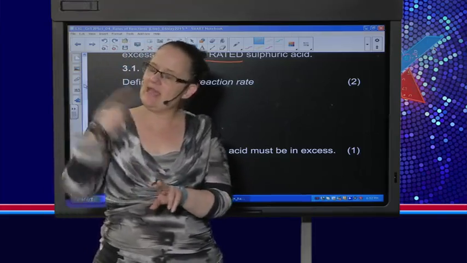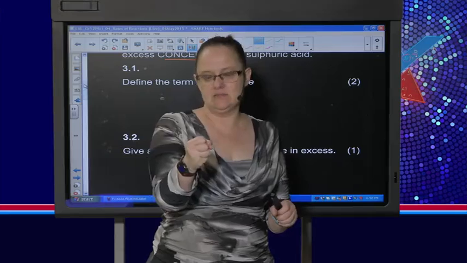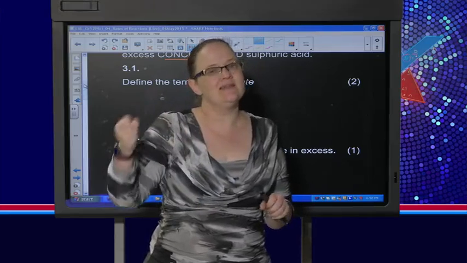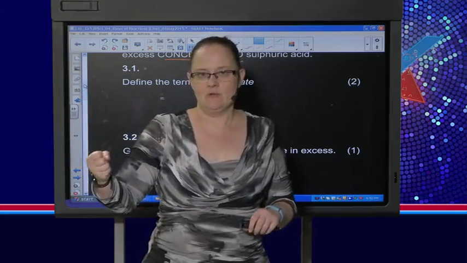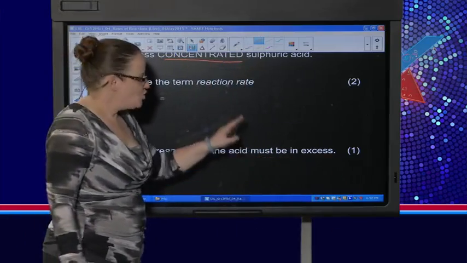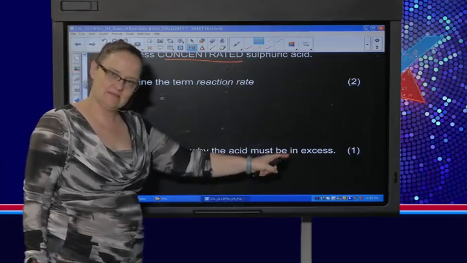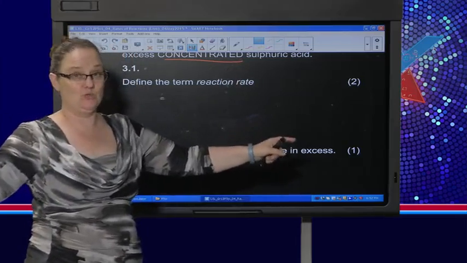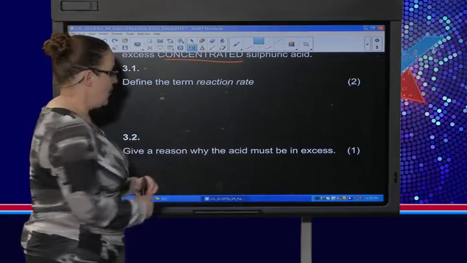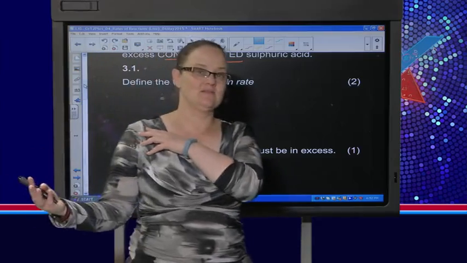By making the acid in excess and keeping the amount of zinc constant, the zinc becomes the limiting reactant. Okay? So we keep the acid in excess so that it doesn't affect the final amount of product produced. Okay? You could also say, why must the acid be in excess? So that the zinc is the limiting reactant.